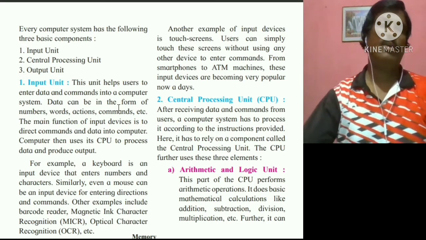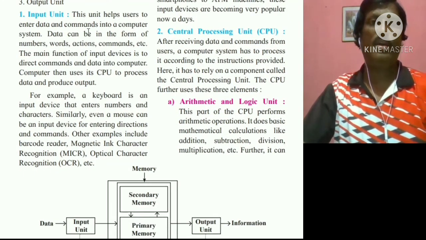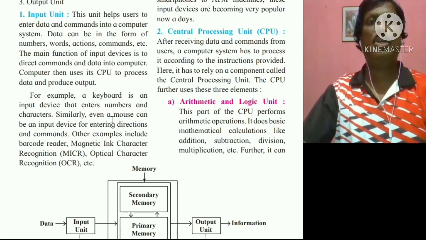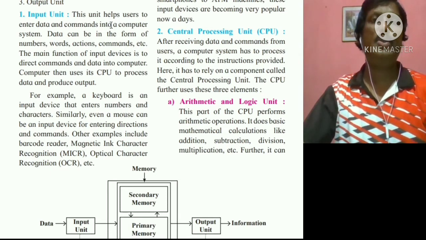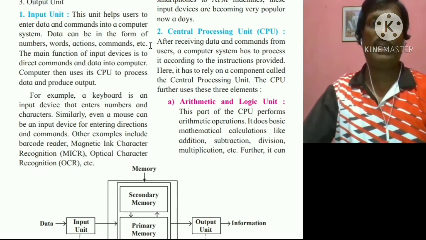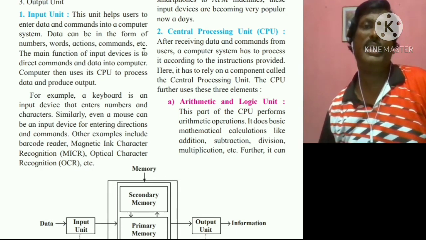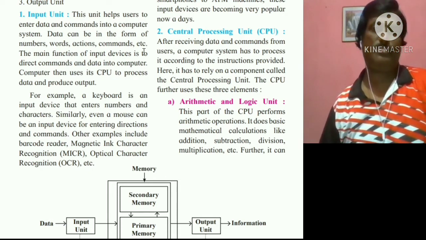Now, see one by one. First, input unit. This unit helps user to enter data and commands into a computer system. Data can be in the form of numbers, words, actions, commands, etc. Now, we know that the definition of data is a raw fact.